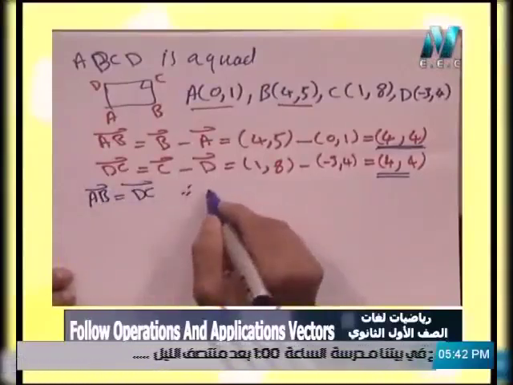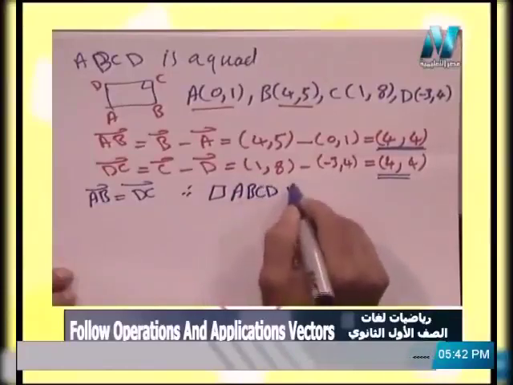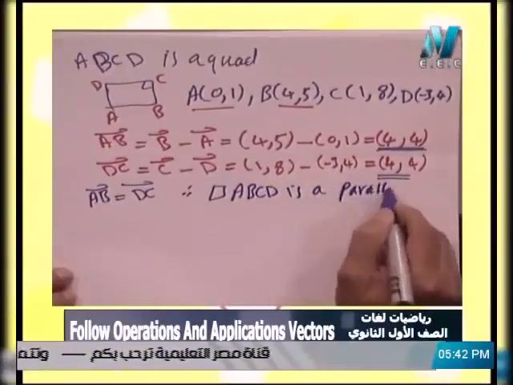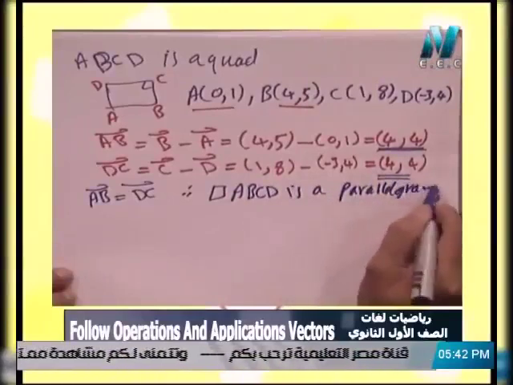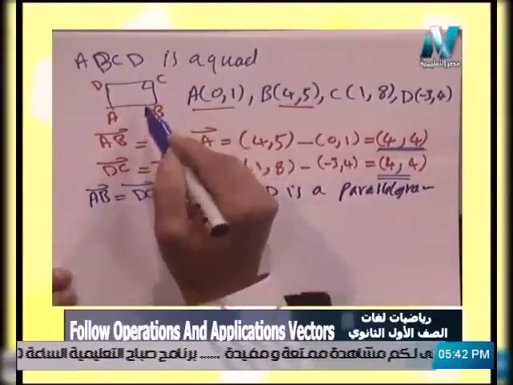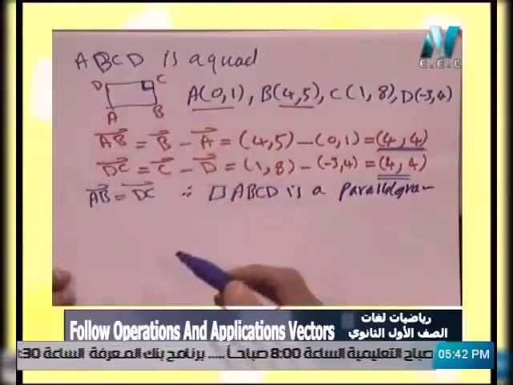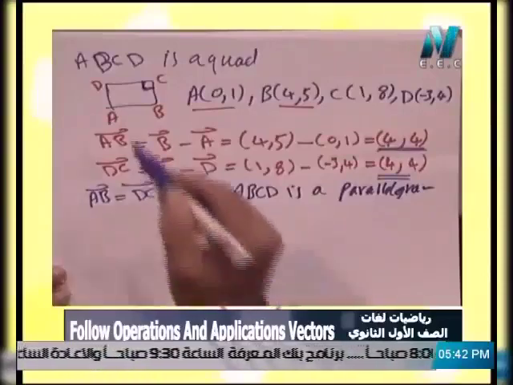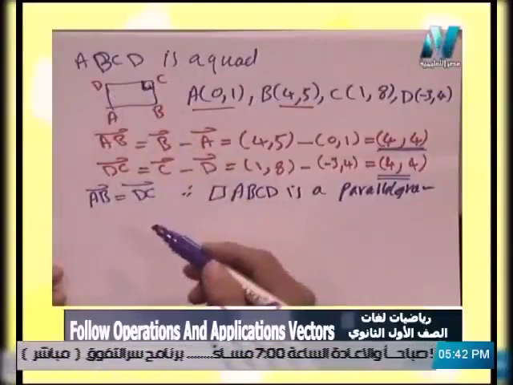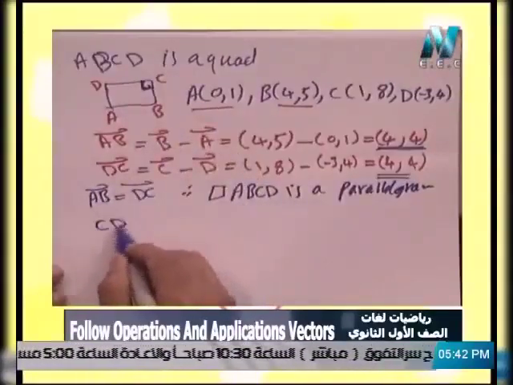Therefore, the quad ABCD is now a parallelogram. And we know that to prove that it is a rectangle, we have to prove that we have a right angle here. And if we have a right angle, the parallelogram will be a rectangle. So we'll try to find out the vector CB.